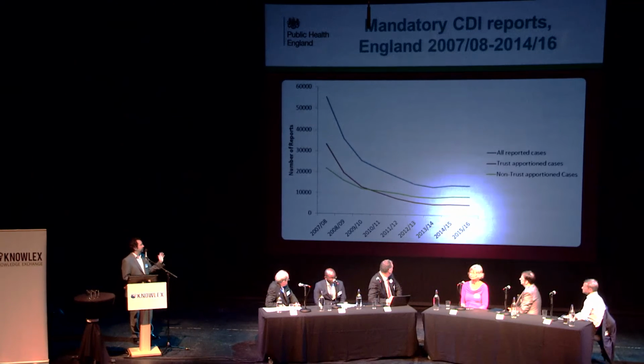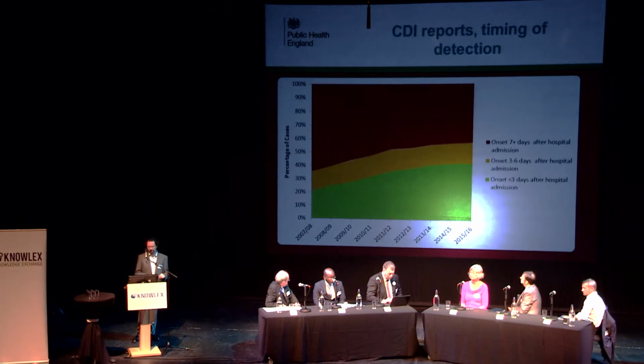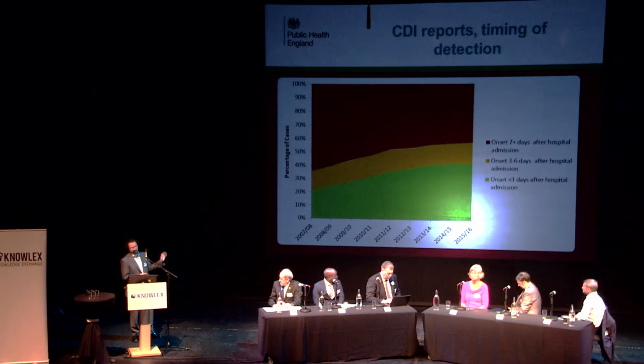And over time, we've seen it switch to being more of a community onset infection. And here you can see that broken down again with just a different look at the data. So it makes it more clear here. You can see the green proportion of the graph.